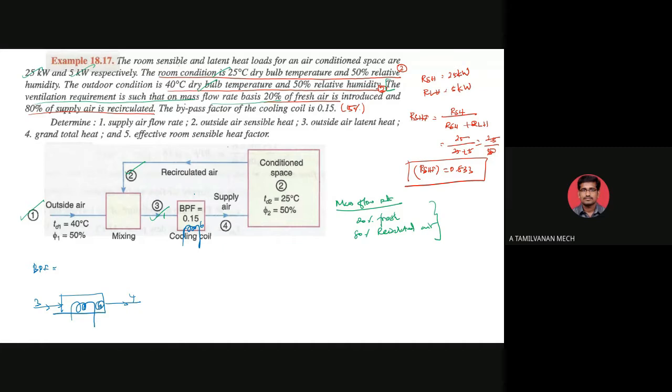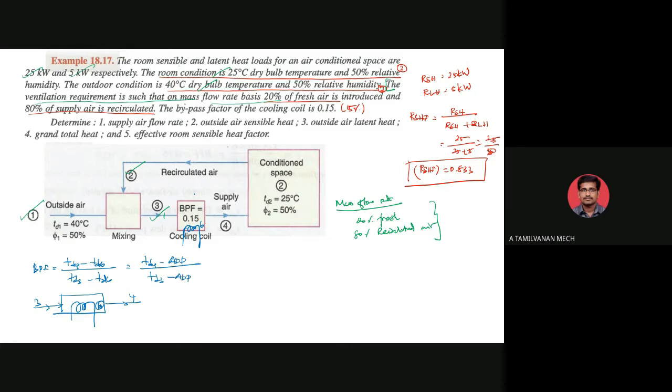The bypass factor is equal to TD4 minus TD6 divided by TD3 minus TD6. In some books, TD6 is called the ADP, the apparent dew point temperature, that is, the coil temperature, so it is written as TD4 minus ADP.